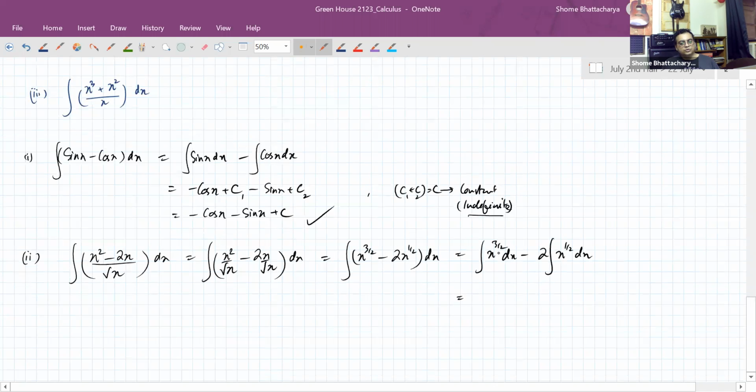So now you apply the x to the power n formula. The integration of x to the power n is this. Let's apply that.